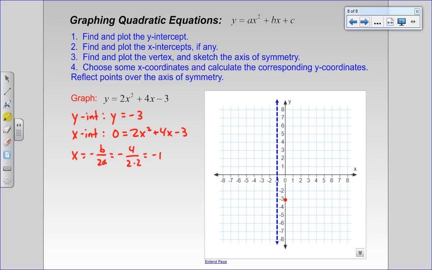The x-coordinate of the vertex is negative 1. To find the y-coordinate, we substitute into the equation. 2 times negative 1 squared plus 4 times negative 1 minus 3. So we have 2 plus negative 4 minus 3, which is negative 5. So our vertex is the point negative 1, negative 5.